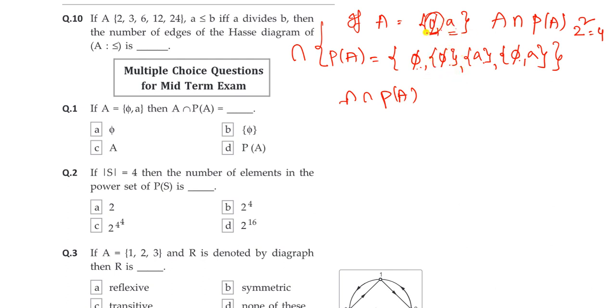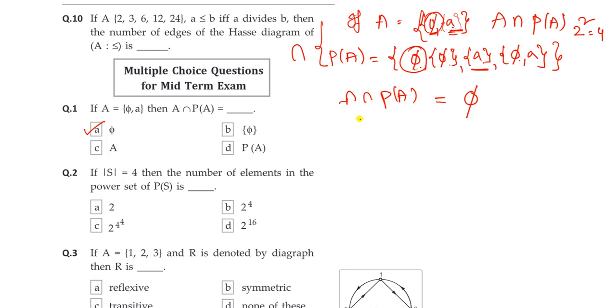Here pi is there in both. A is not common: here A is a set, but in the power set A is an element. If you had A like this, then you could write it, but here it is a single element versus a set element. So we have only pi. So the answer is pi.